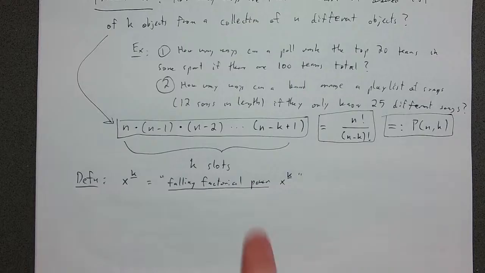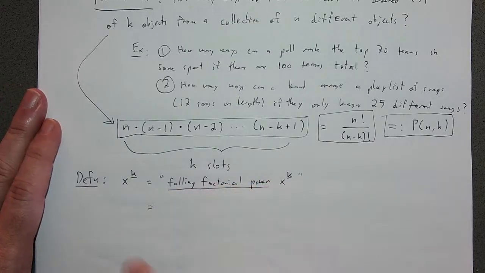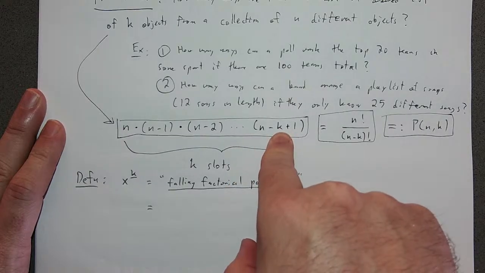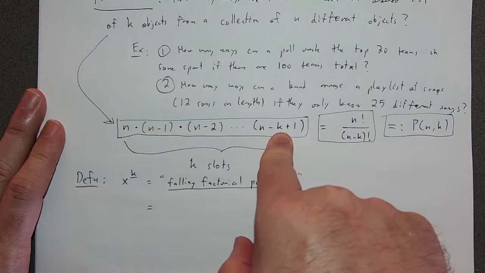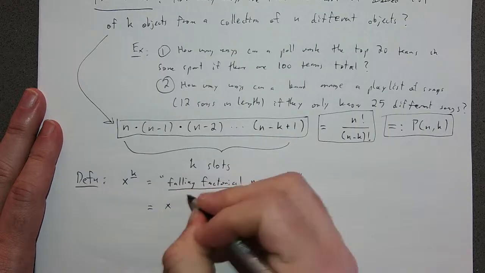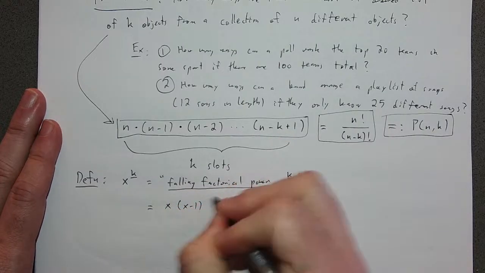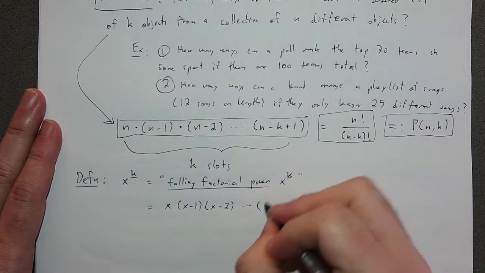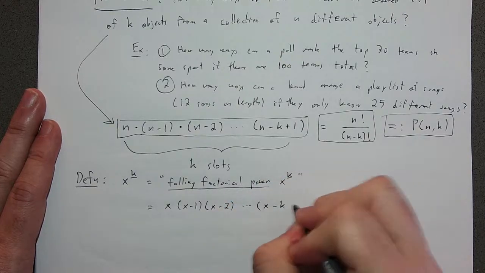So what do I do here? I begin with x, and then I fall to this x minus k plus 1 term. So this is x times (x minus 1) times (x minus 2), and so on down to x minus k plus 1.